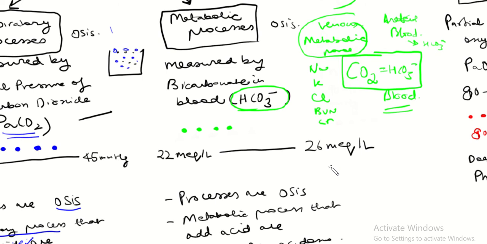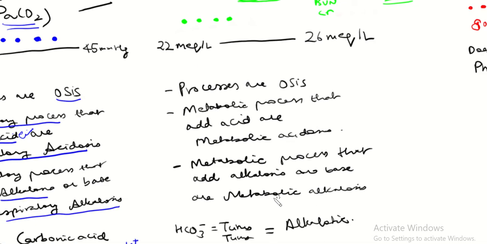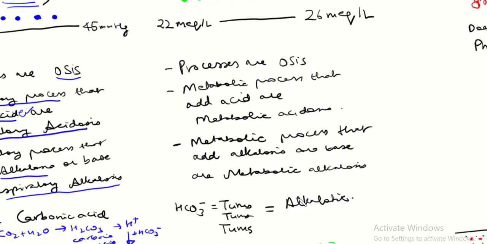Here 22 to 26 would be normal bicarb. So again, the metabolic side brings two processes. Metabolic processes that add acid are metabolic acidosis, and metabolic processes that add alkalemia are metabolic alkalosis.